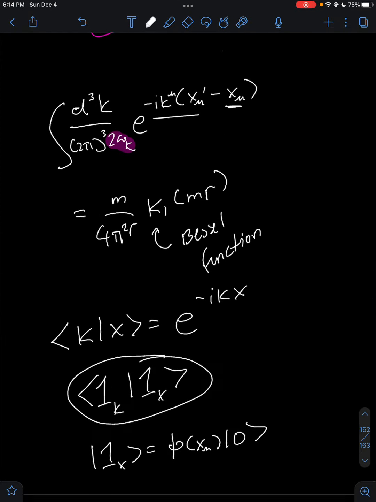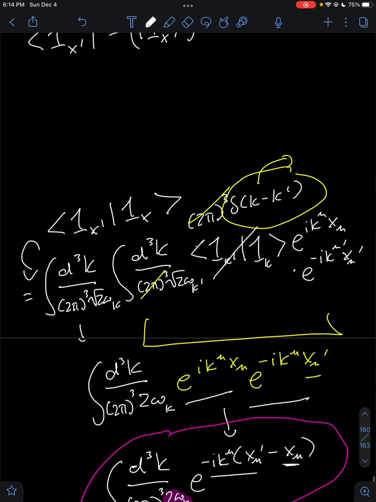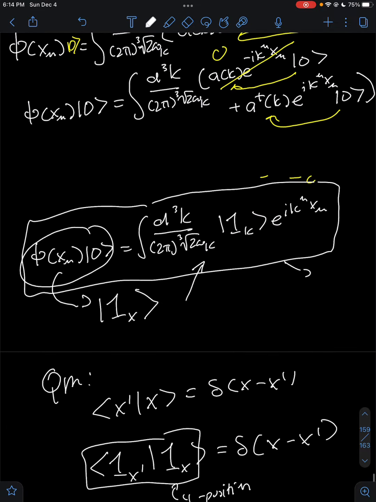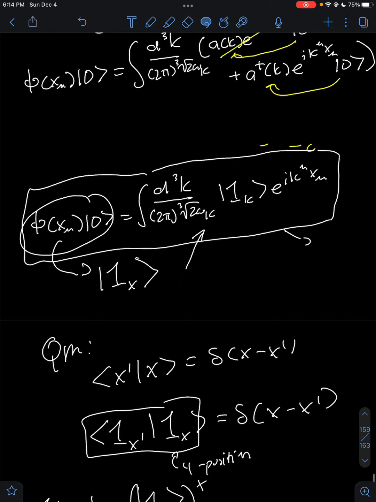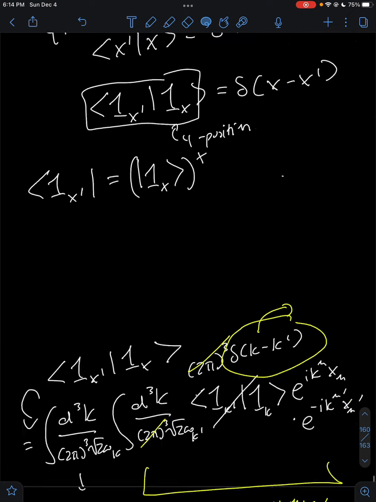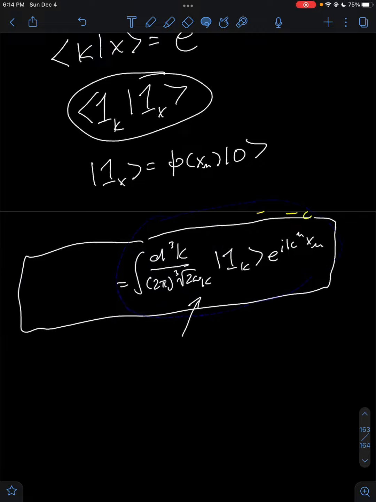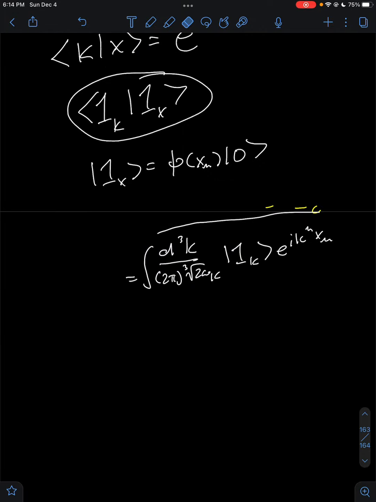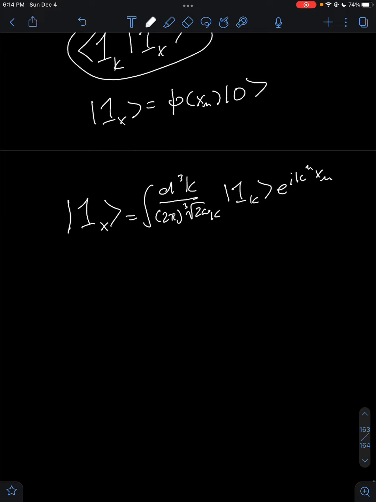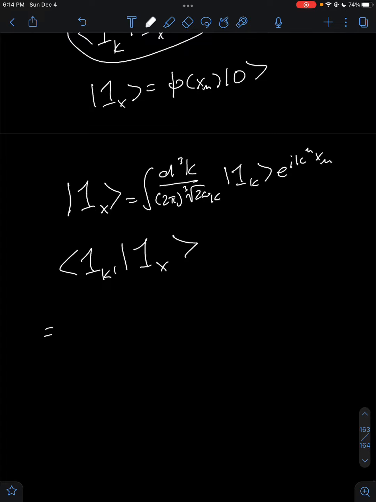It's actually pretty easy because we already found out what |x⟩ is going to be. We found out that it was this expression right over here. This over here was equal to |x⟩. So ⟨k'| acting on |x⟩, which I should be writing as k prime, that's just going to be the integral over k, d³k over (2π)³, square root of 2 omega k, and then ⟨k'|.